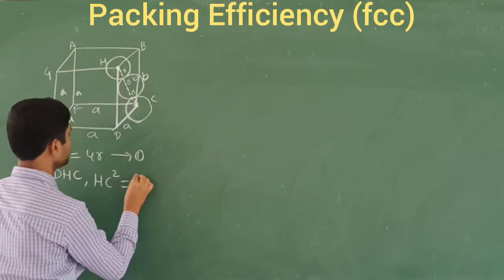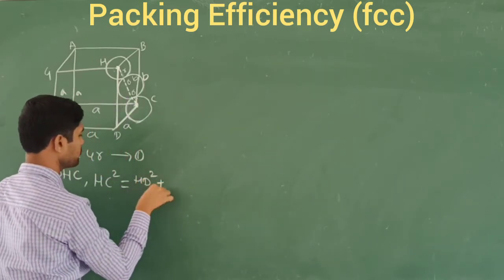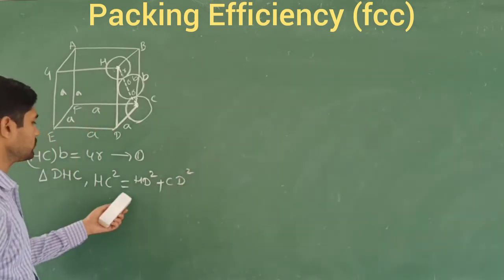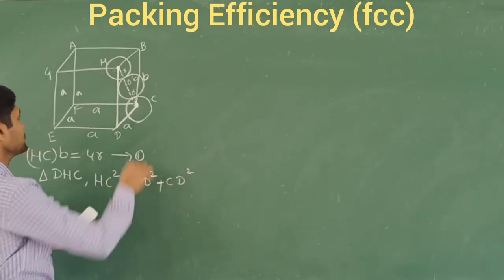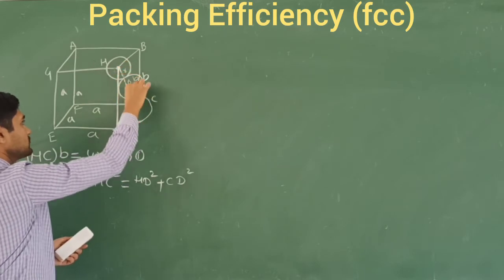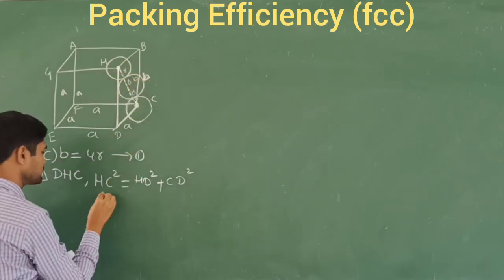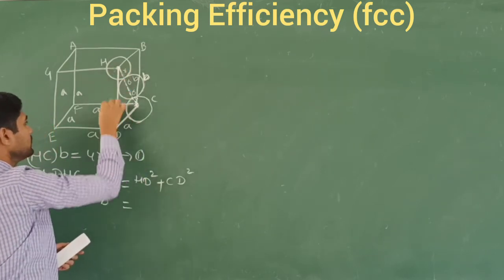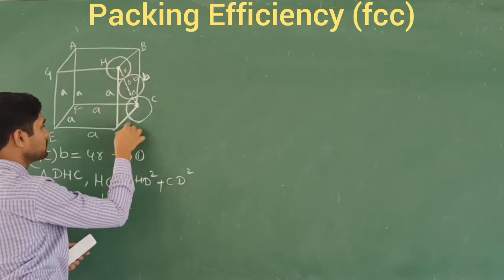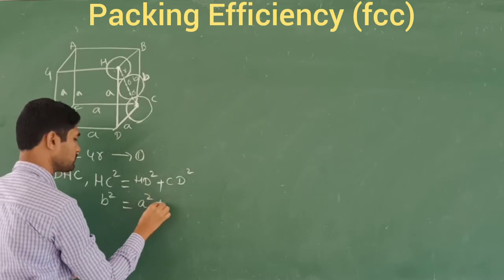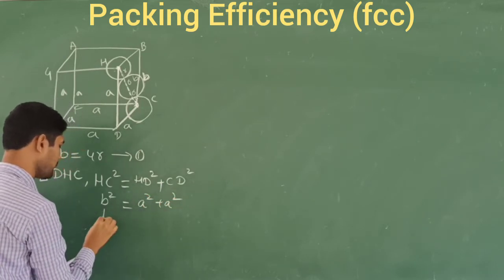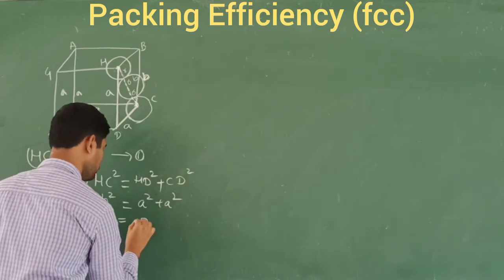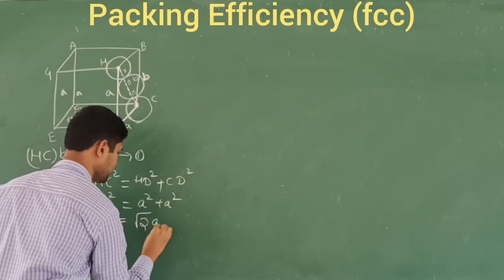That is HD square plus CD square. HC is nothing but this diagonal, whose name is B. So B square is equal to HD square plus CD square. HD distance is nothing but A, and CD is nothing but A. So that is A square plus A square. So when you join this, B is equal to square root of the A.